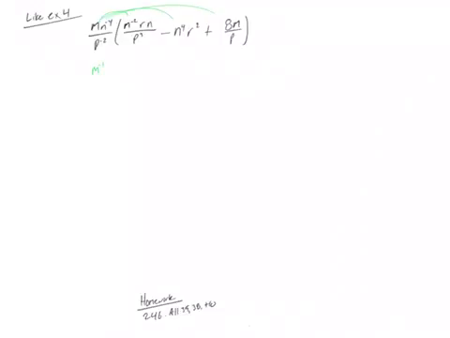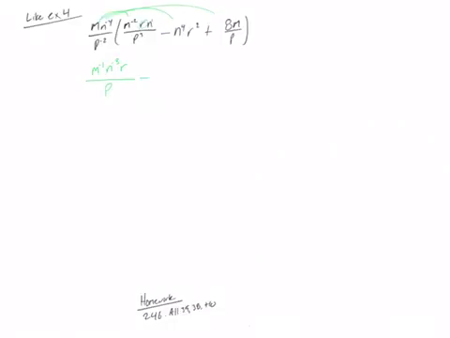And then n to the negative 4 times n to the first is going to give me n to the negative 3. And then I have an r from right there. My denominator is going to be p to the negative 2 times p cubed, which is just going to give me p, because remember you just add those exponents.